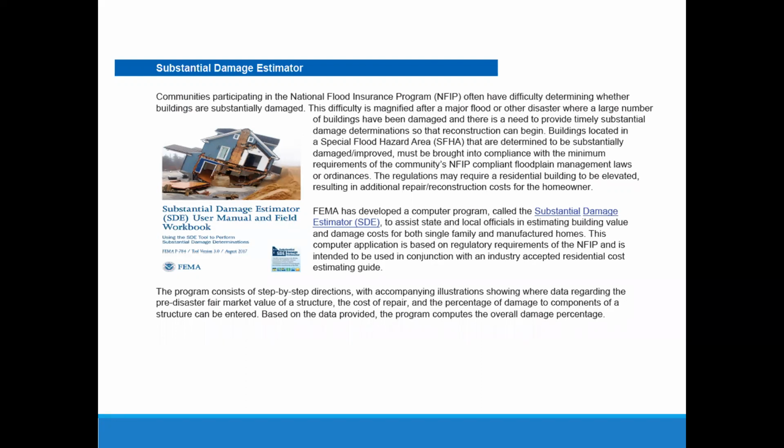Also, some communities make door hangers for when a disaster happens, and it contains publications from FEMA about repairing damage or compliance in general, and then maybe a permit application and a notice talking about the assessment that you're going to do, and just maybe personally delivering that information to the property owners that have been damaged after a disaster, so they know they need permits and they know you're going to come by and do an assessment, and that if they're substantially damaged, they have to come into compliance.